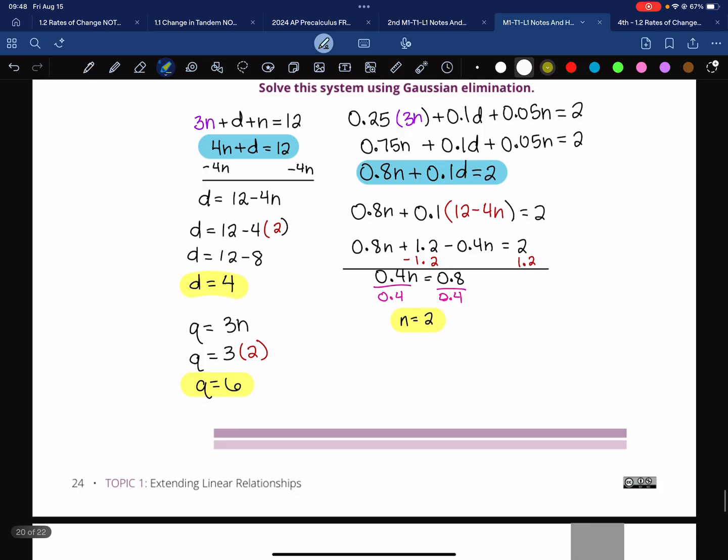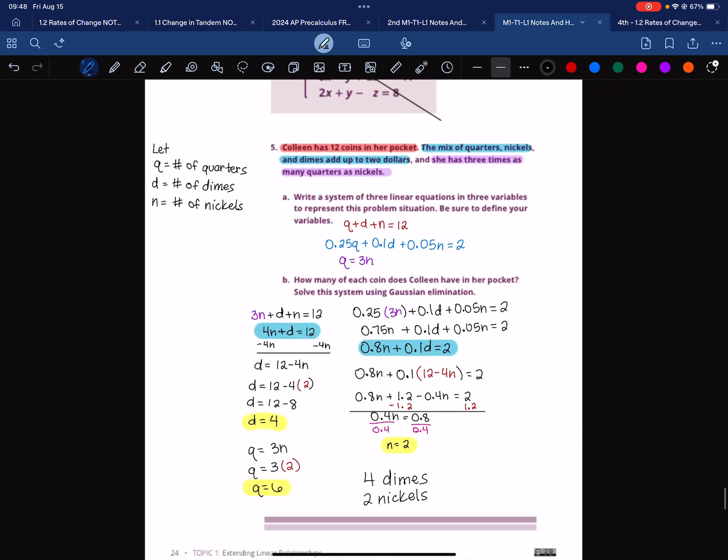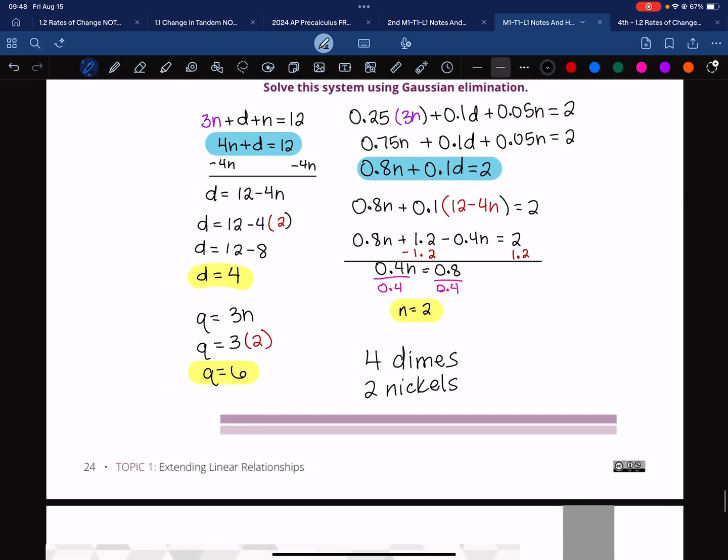So, what does this mean in the context of this problem? There are 4 dimes, 2 nickels, and 6 quarters.